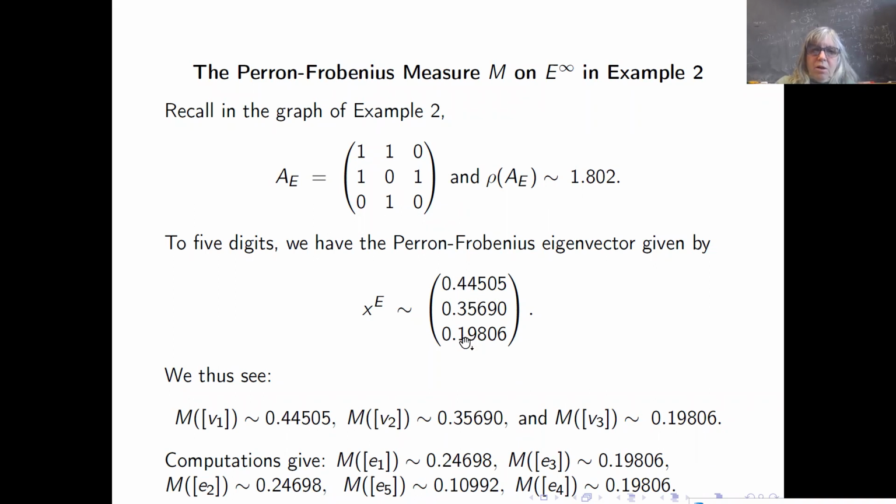Here are these eigenvectors normalized so that the sum of their lengths is 1. Okay, so mu of V1 is this 0.44505. Mu of the cylinder set V2 is 0.35690, etc. Mu of V3 is this 0.198.